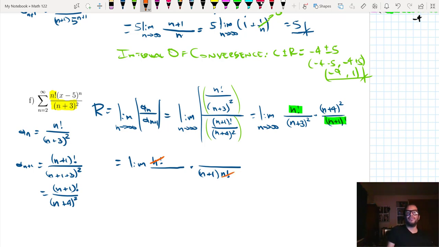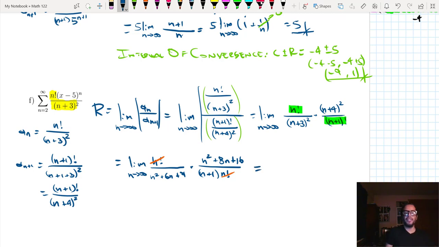What are we going to have here? I'm going to expand the binomials n plus 3 squared and n plus 4 squared. The expansions of those two binomials are respectively n squared plus 6n plus 9, and n squared plus 8n plus 16, as n approaches infinity.